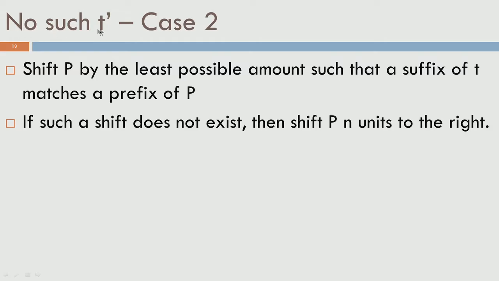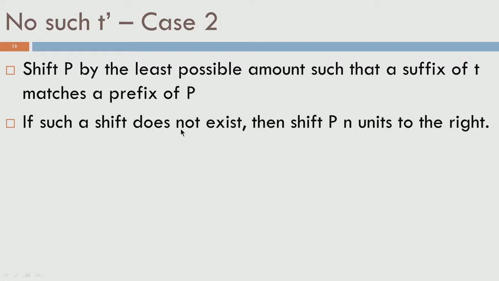If there is no such T prime, then we are in case 2. The idea now is to shift P, the pattern, by the least possible amount such that a suffix of T matches the prefix of P. One can check that this is indeed a correct step to perform, and we will not miss any occurrence of pattern P in T by this approach. Indeed, this is a minimal shift that must be done.